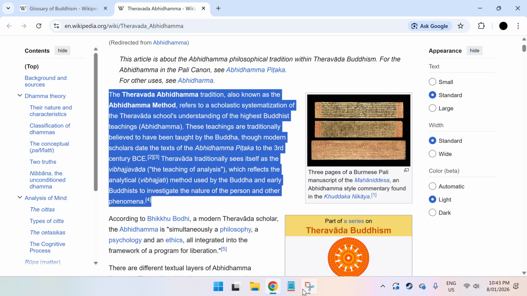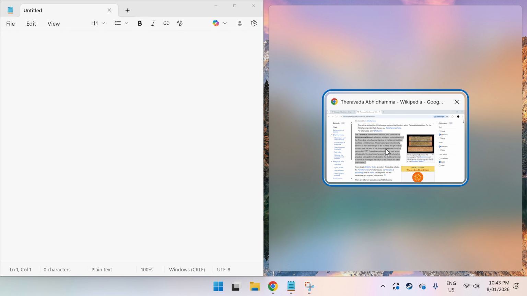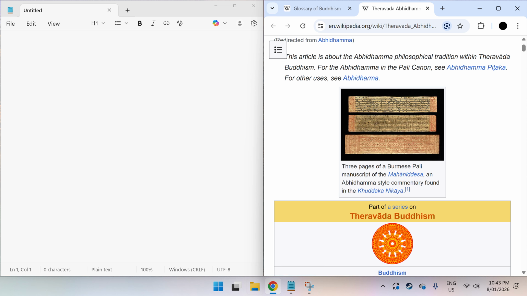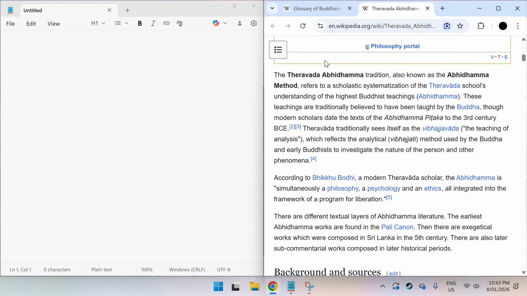What I'm going to do is open up Notepad, and I will put that on one side of the screen, and that one has fit itself over to the right. Alright, so I'm just going to copy and paste some things. This here, scholastic systemization.